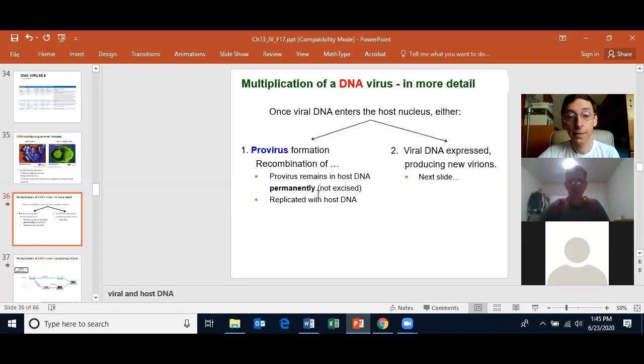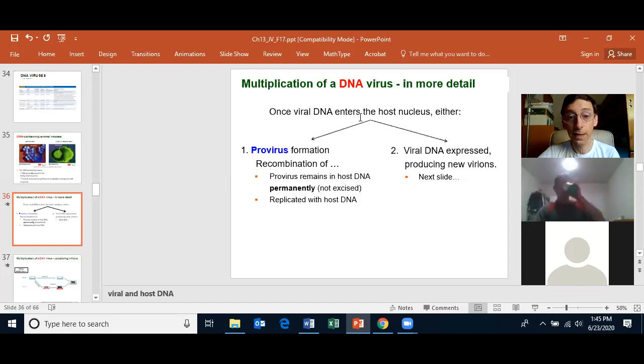If that happens, the viral DNA permanently enters that host cell's chromosome, and it will never be excised in an animal cell, and that will remain for as long as that cell is alive.